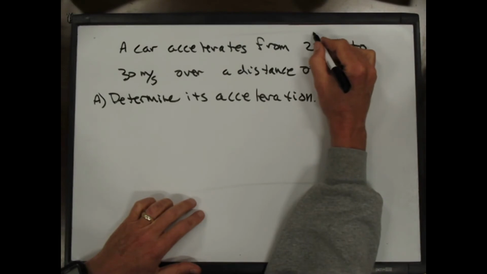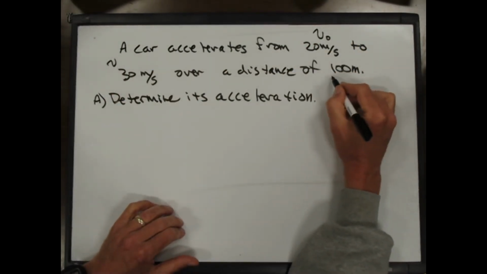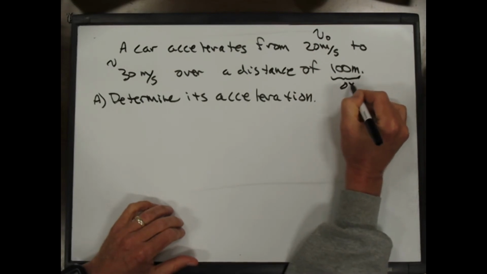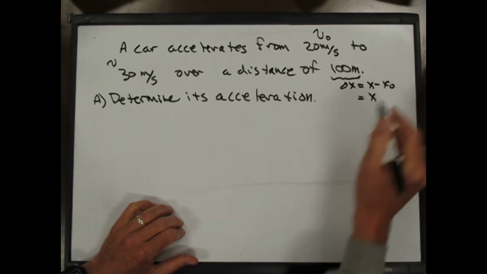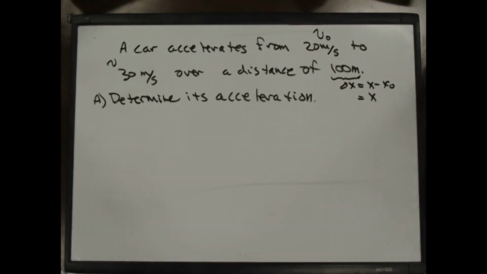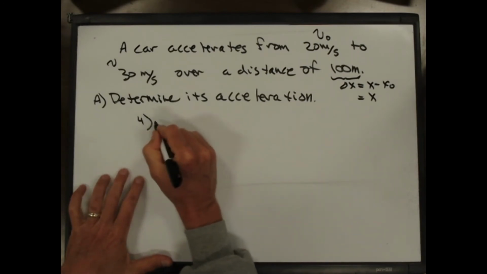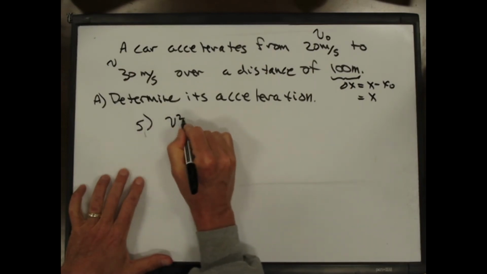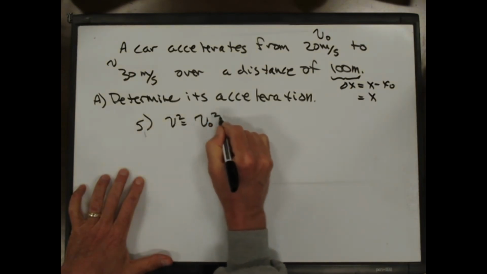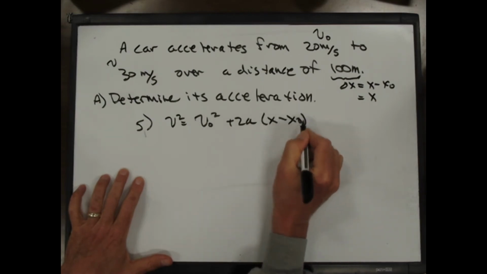So first, let's just say this is our v naught, and this is our v, and this is our delta x, which is x minus x naught, or in this case it's just x if we choose x naught equal to 0, right? And so you can go through your little list of equations and you can see that equation 5 on your list is v squared is equal to v naught squared plus 2a times x minus x naught, right?